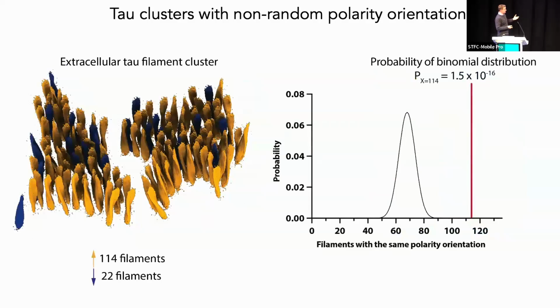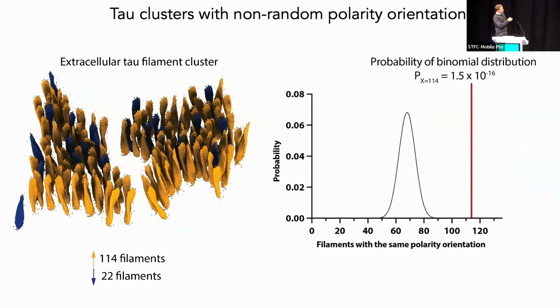So we set out to quantify polarity orientation, but also to look at the probability of the splits that we would get in those clusters. So if we look at the extracellular tau, which achieves sub-nanometer resolution, this cluster contained 136 filaments. And we can see in orange and blue here that 114 filaments had one polarity orientation and 22 had an opposing polarity.